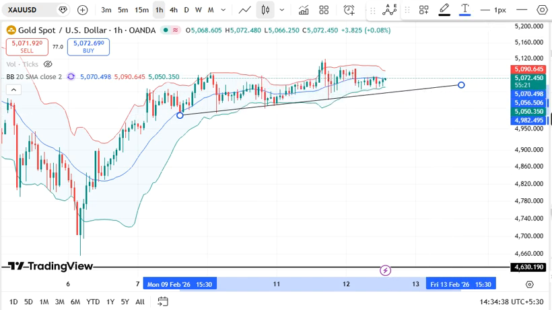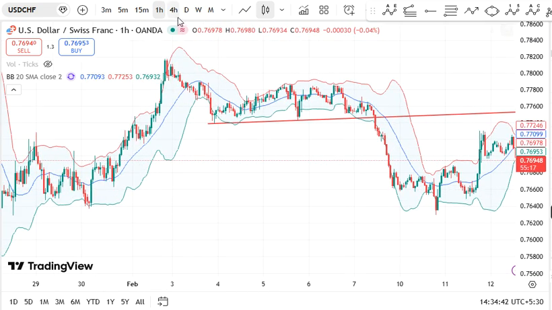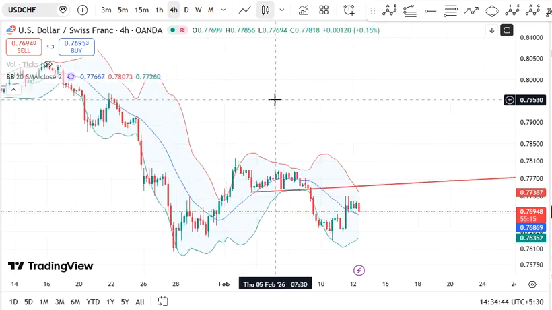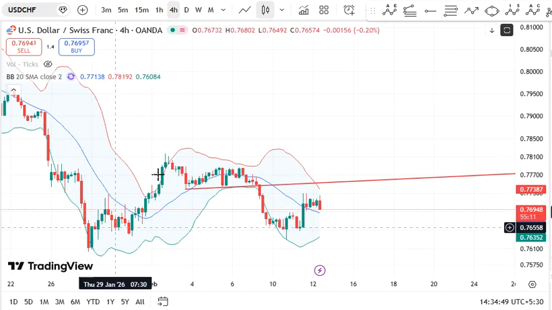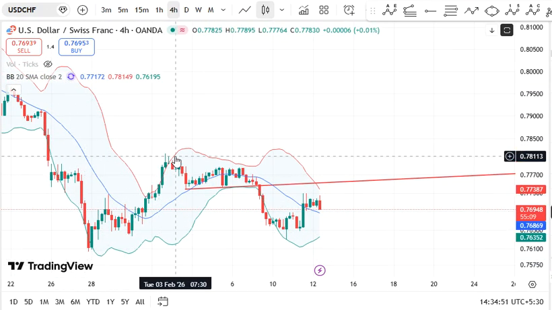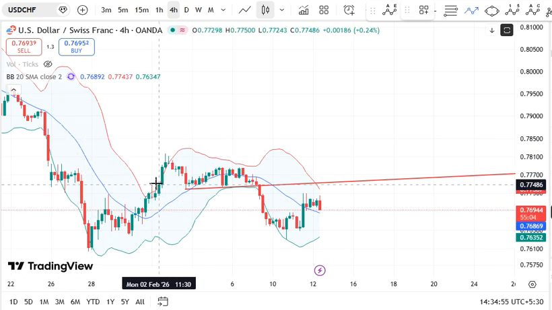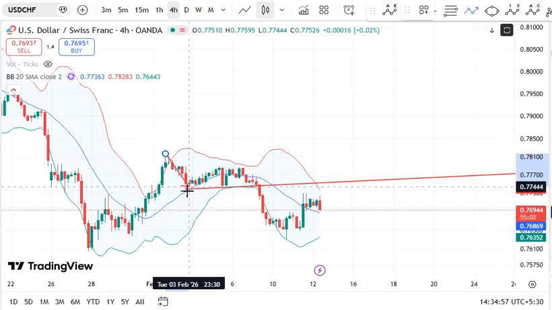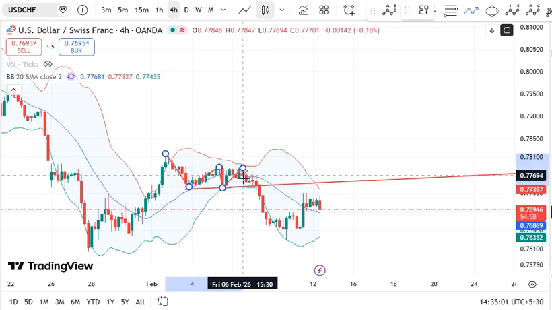Let's see USD CHF. As we had discussed a few days ago, at this point, it is making continuously lower highs and lower lows, and you shouldn't buy on this uptrend. I told you to wait for lower highs and lower lows. This is our first lower high, again lower high, lower low.